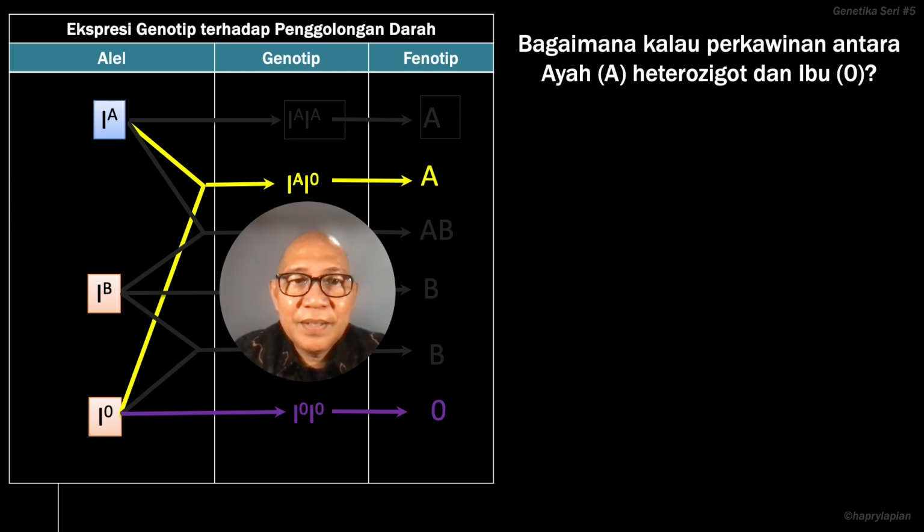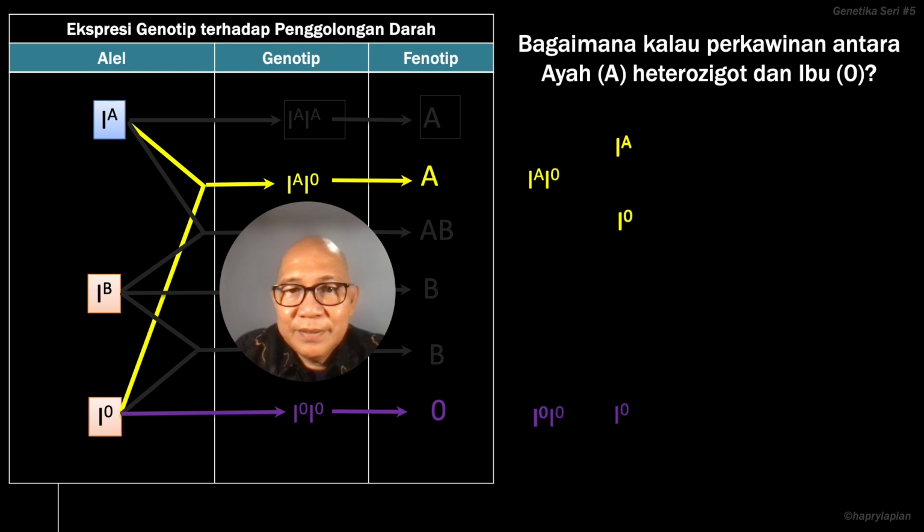Previously, it was asked what happens when there is a marriage between a father with heterozygous blood type A and a mother with blood type O. What is the possibility of offspring? The answer is as shown in this slide.